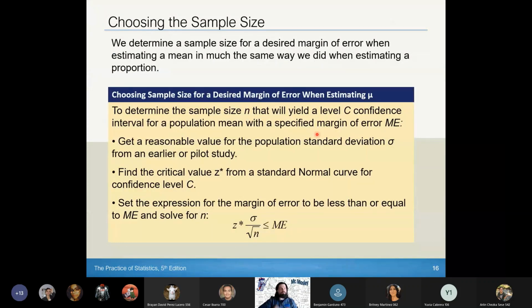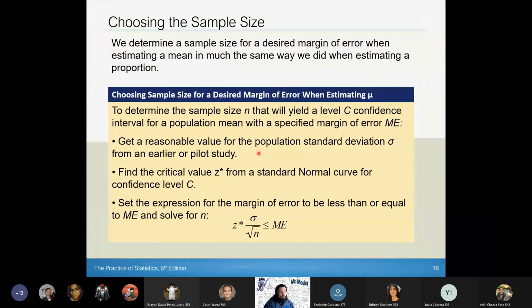So just like with proportions, we sometimes need to choose our sample size ahead of time. We determine a sample size for a desired margin of error when estimating a mean, much the same way we did when estimating a proportion. To determine the sample size n that will yield a level C confidence interval for a population mean with a specified margin of error ME, we need to get a reasonable value for the population standard deviation sigma from an earlier or pilot study.